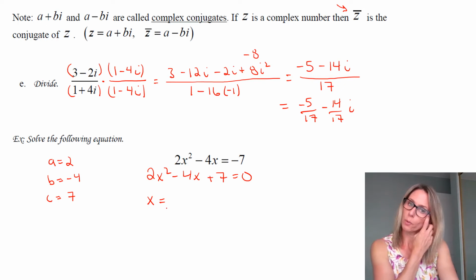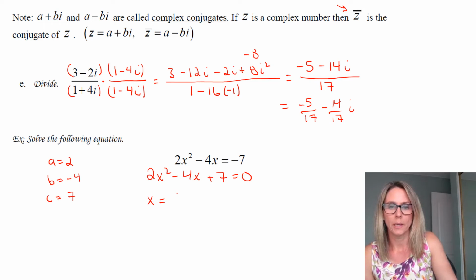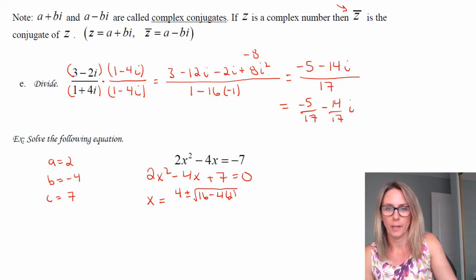So I'm always going to start with my x equals, because it's telling me here are my solutions. By definition, x is going to equal -b, so 4, plus or minus the square root of b squared minus 4ac, all over 2a.